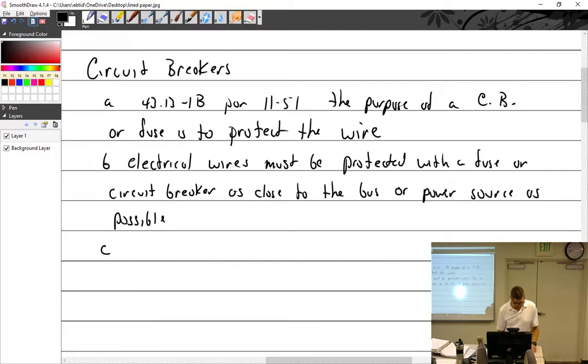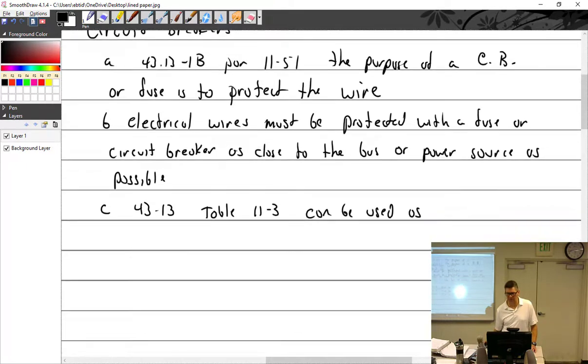All right. 43.13, table 11.3 can be used as a guide. Is that the right number? I think it's not. About to find out.